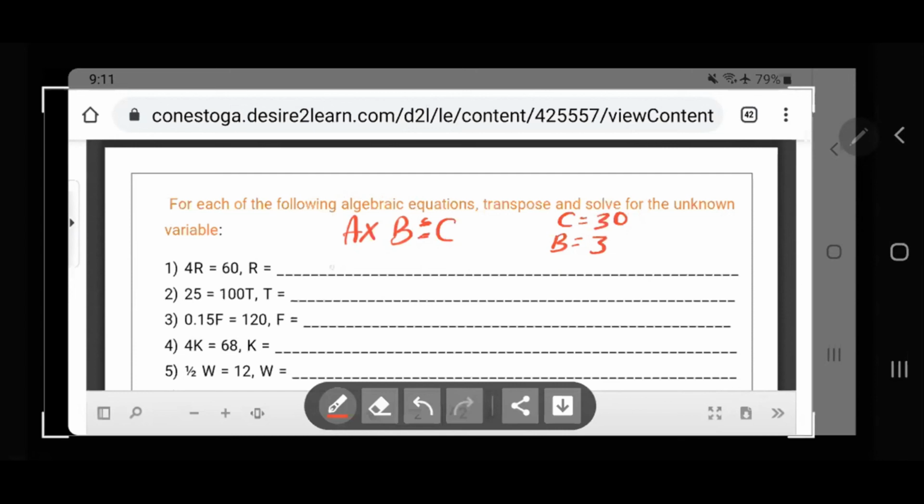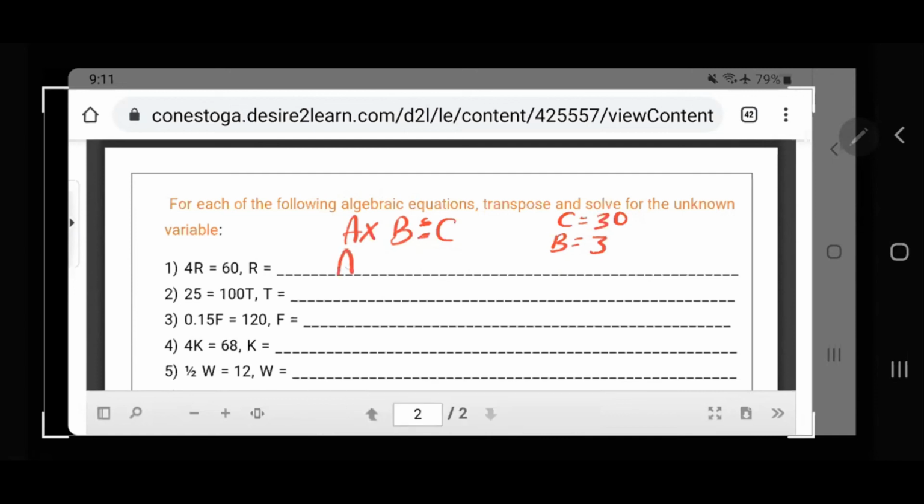In this instance, then, this X or this times sign, in order to transpose it, is going to go to the other side of the equal sign, performing the inverse operation. The inverse of multiplying, do you know what it is? Dividing.